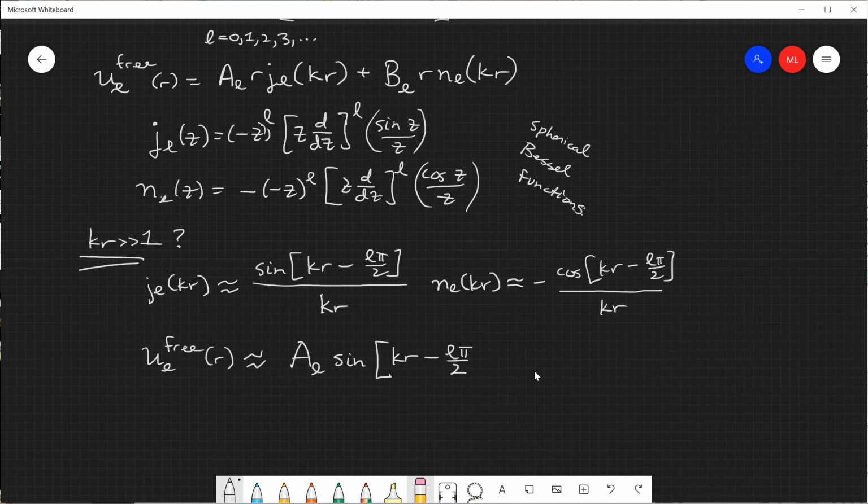And then instead of adding the cosines, we can just say plus some l-dependent shift. This is the same as writing A cosine plus B cosine, right? So I can either write arbitrary sums of sines and cosines with 2 unknown coefficients, A and B, or I can write it as a single sine with 2 unknown coefficients, A times delta l.